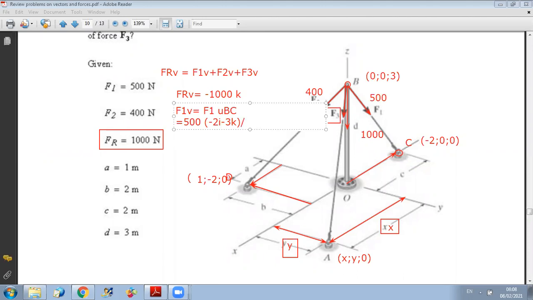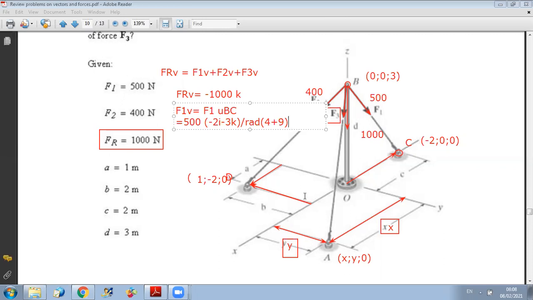To obtain the unit vector, I divide by the magnitude, which is radical of 2 squared, which is 4, plus 3 squared, which is 9. This is how I get the F1 vector. I do the same to get the F2 vector and the F3 vector.